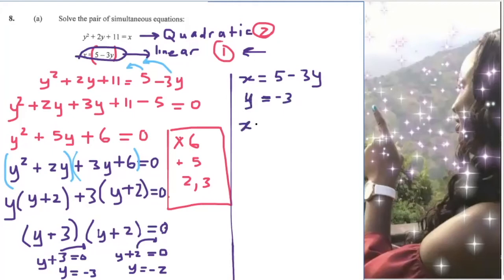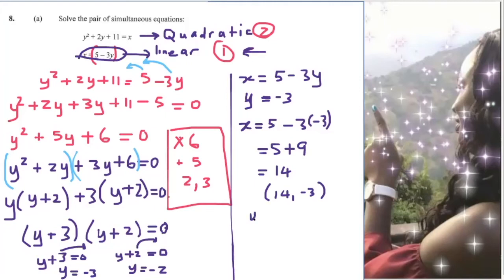So I'll have x is equal to 5 minus 3, open bracket, minus 3. So it's 5 minus 3 times minus 3, that's positive 9. So 5 plus 9, that's 14. So here we have x is 14 and y is minus 3.